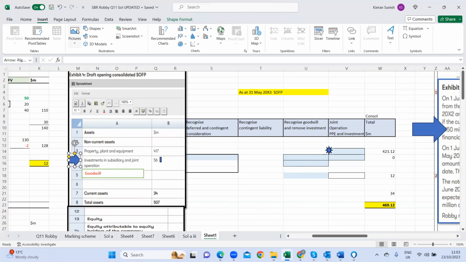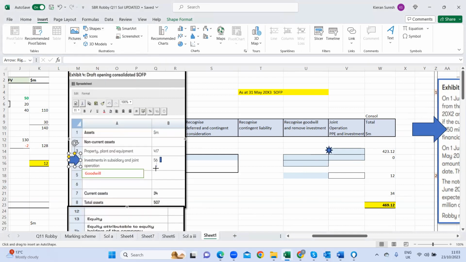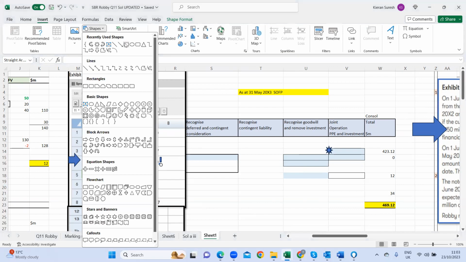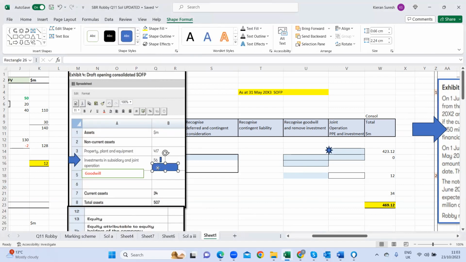I can break this 56 million down into two. The first part, 50 million, is related to the cash consideration. And then there is another 6 million, which we'll come back to in a minute.